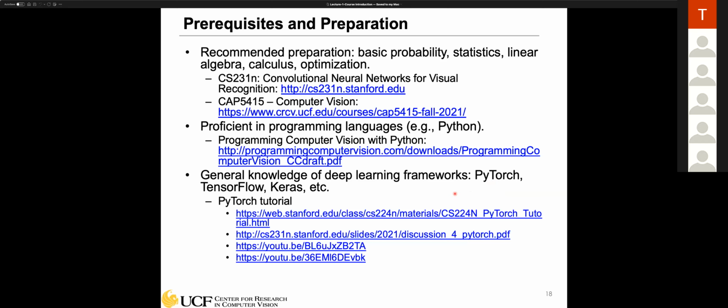If you don't have any knowledge of these deep learning frameworks, that's fine. I provide some tutorials here, so you can check these tutorials. And even for programming assignments, I may provide some helper code for you to start with, so you're not starting from scratch.